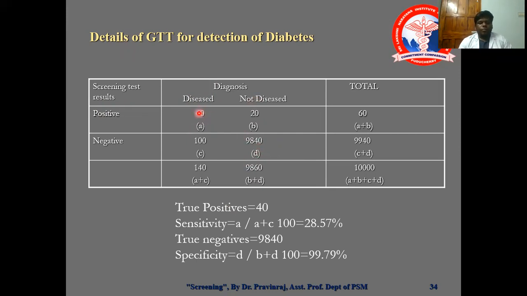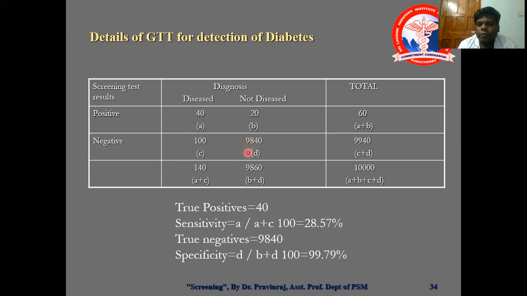Now, what is sensitivity? Sensitivity is to find true positives. How are we going to find true positives? Let us assume this is A, always put A, then B on the right side, and C below, then D. Once you form this, A divided by A plus C, multiplied by 100, gives sensitivity.